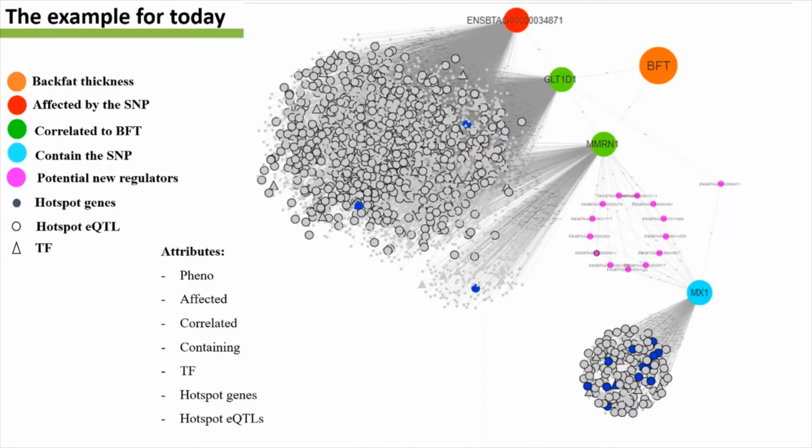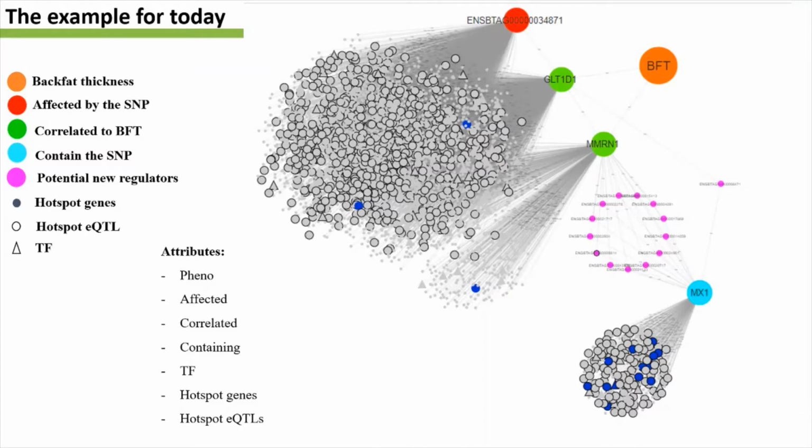The elements or attributes that are marked here are backfat thickness in orange. In red, there is one gene that has its expression affected by a SNP associated to backfat thickness in my other analysis. 2 genes that show a correlation to backfat thickness in the PCIT analysis. 1 gene that contains the SNP associated with backfat thickness.